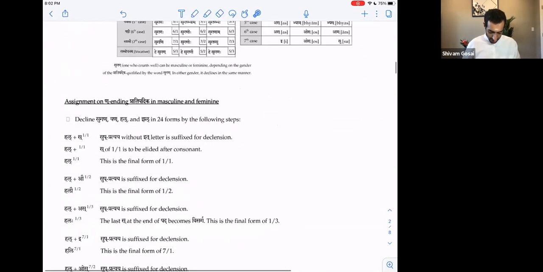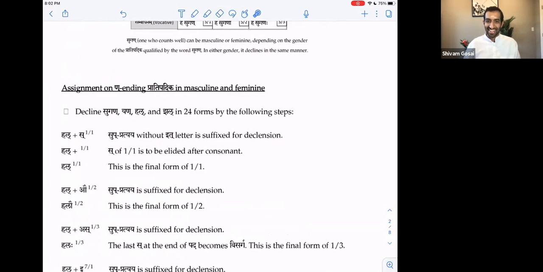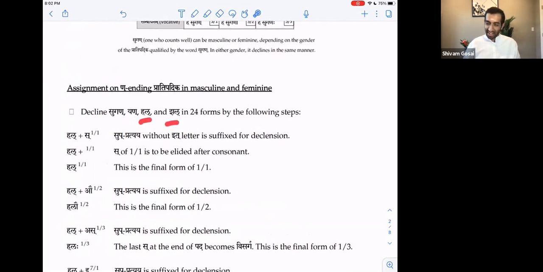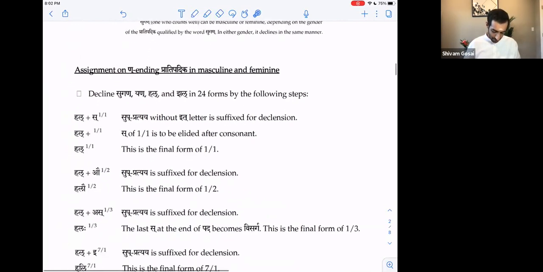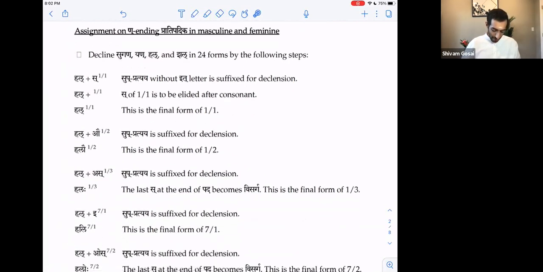So when you see yan, remember yan sandhi. Hal is all consonants, jhal, you can look at the chart, right? Jhabakaradash. So these decline the same way, even though they're not na ending.